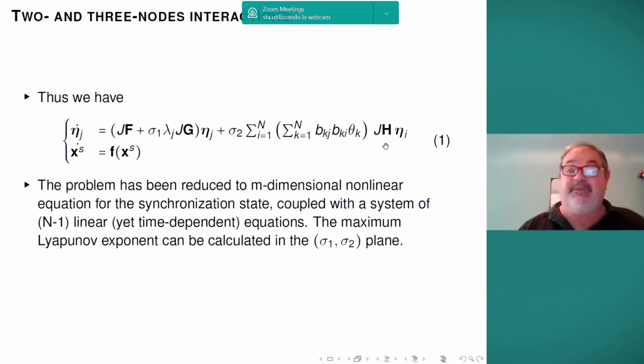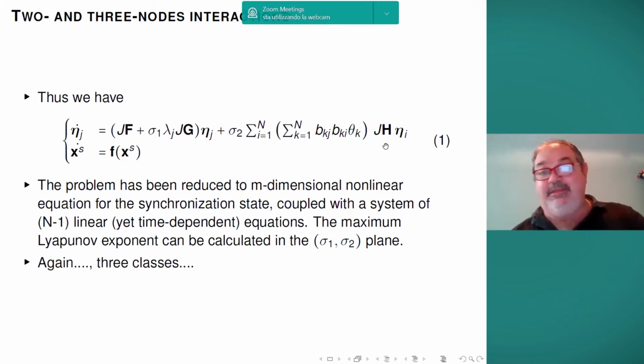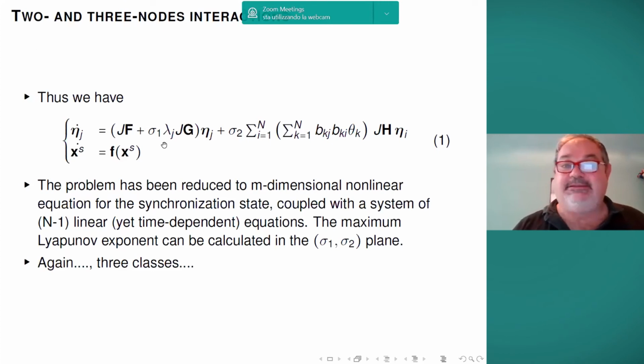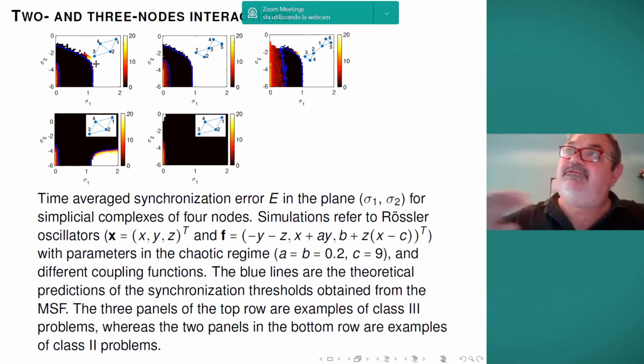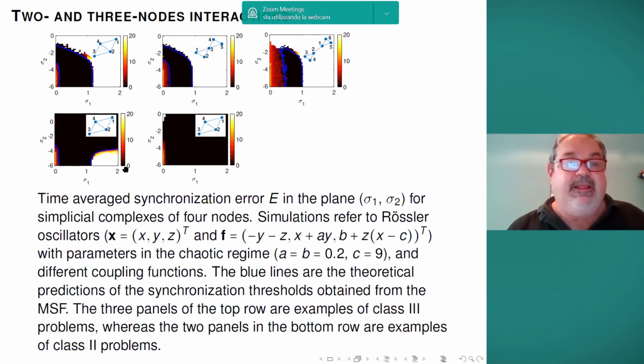So the problem has been reduced to an m-dimensional nonlinear equation for the synchronization state, coupled with a system of n-1 linear yet time-dependent equations. The maximum Lyapunov exponent can be calculated in the sigma 1, sigma 2 plane. And again, you have 3 classes. A class in which there is no stable region in the plane, so for whatever coupling strength you cannot synchronize.